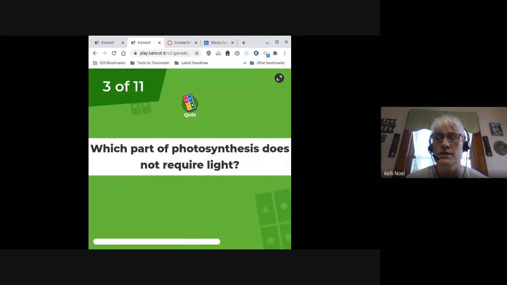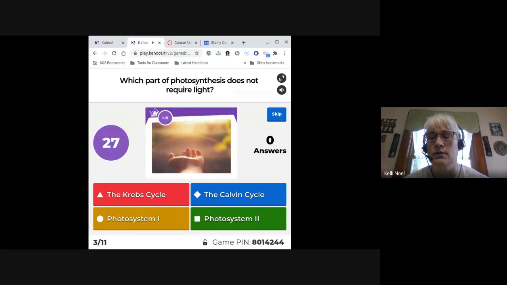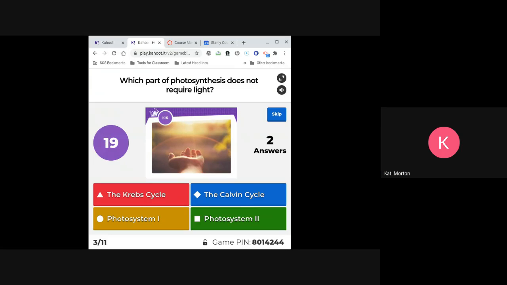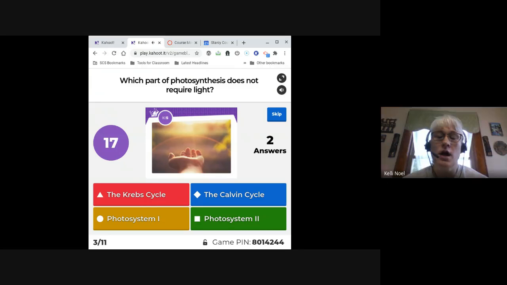Which part of photosynthesis does not require light? Well, we didn't talk about yellow or green, so that narrows it down to 2 for you.